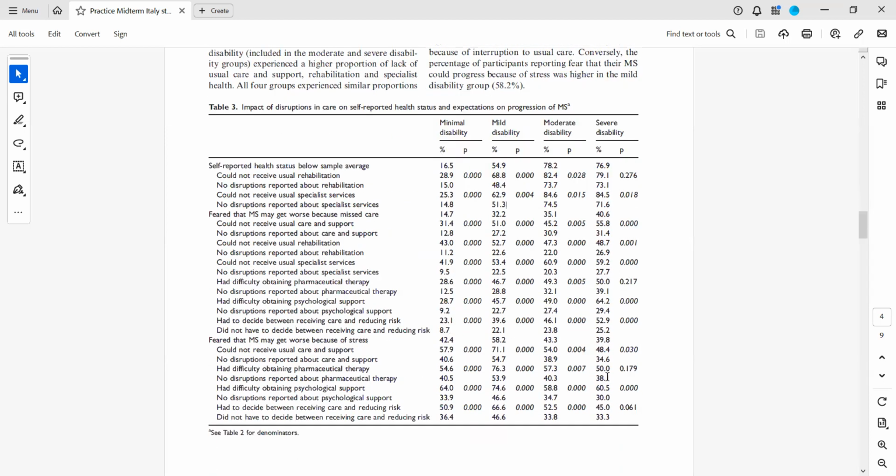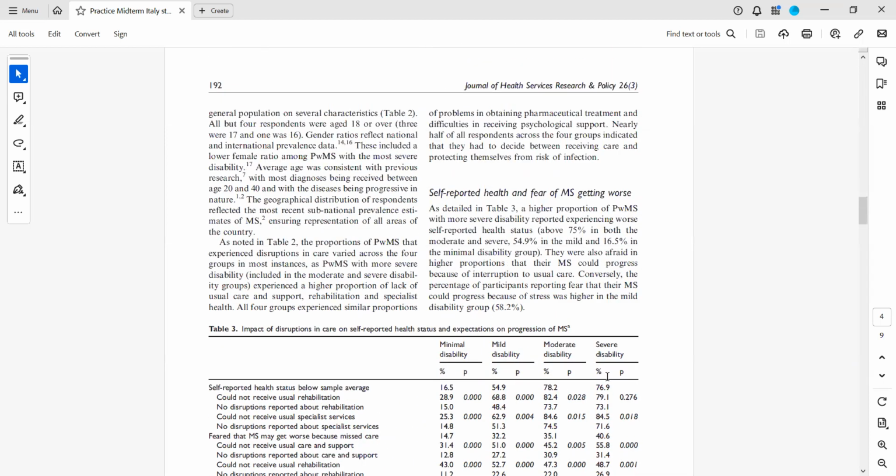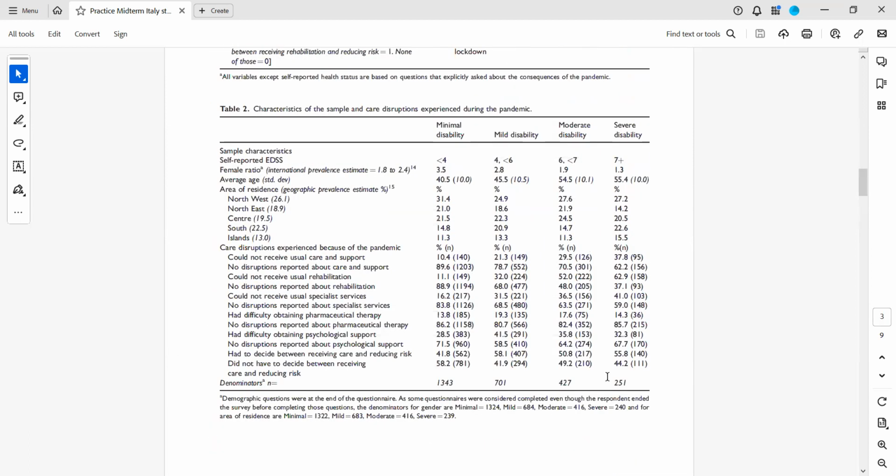What's the sample size? Where would I figure out the sample size? Add up all these things, right?